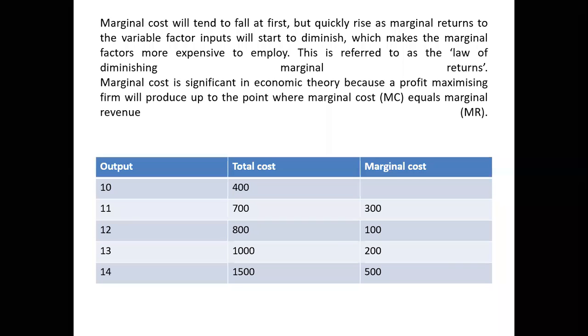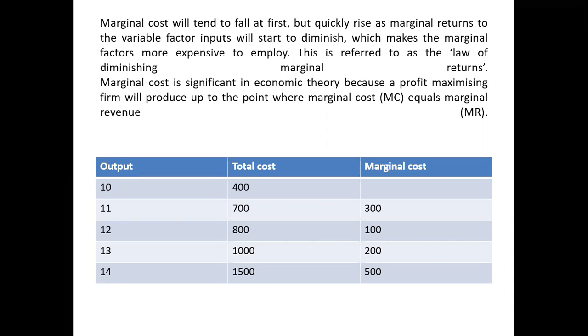Just give a look at these lines. Marginal cost will tend to fall at first. Do you notice that in the first row I am not able to give the marginal cost? Marginal cost can be calculated only from the second unit. Why can't it be calculated for the first unit? Because we always have to subtract the previous total cost from the total cost of one extra unit.